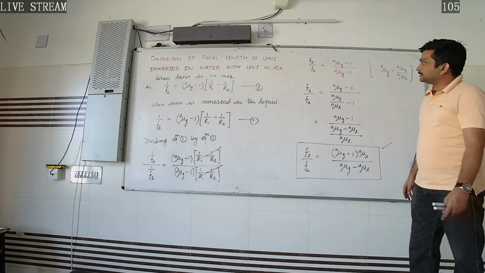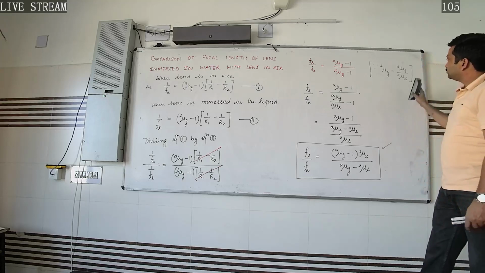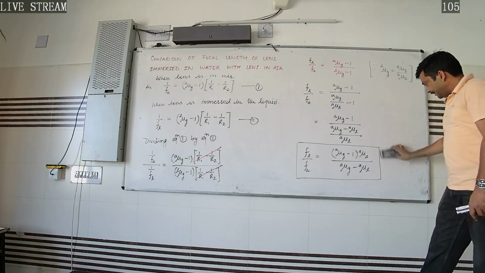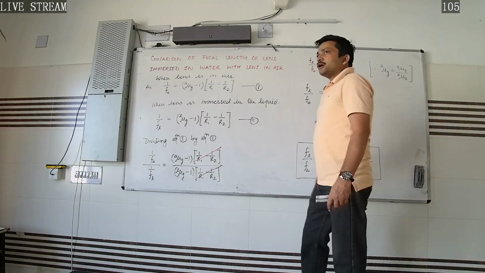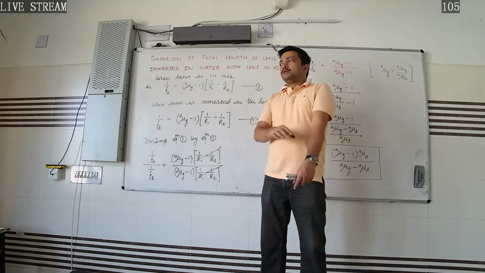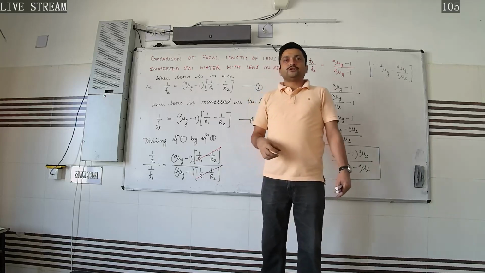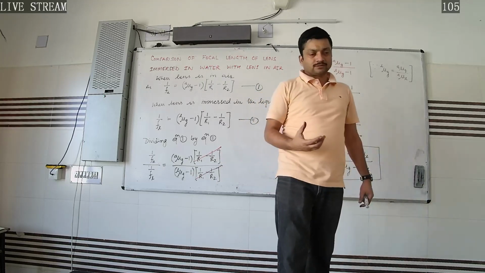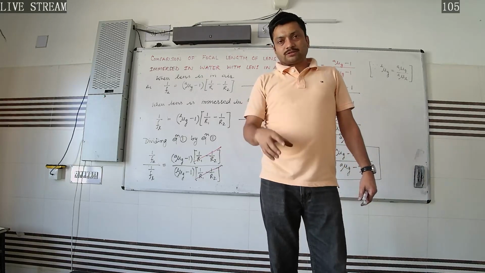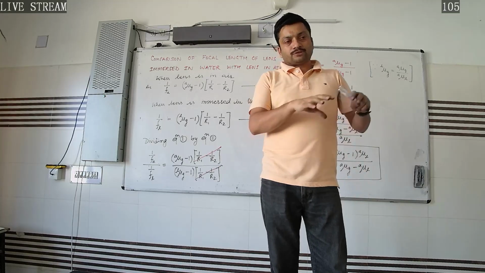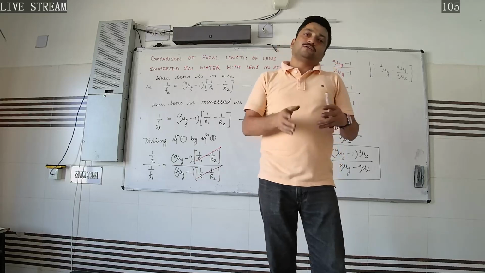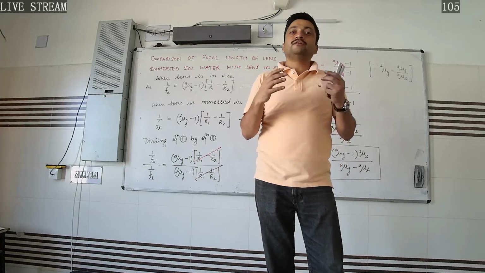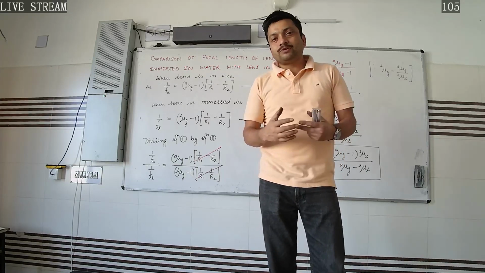The next popular question which we are going to study now is based upon a similar concept. If a convex lens is immersed inside a liquid of same refractive index, greater refractive index or smaller refractive index, then how will the lens behave?